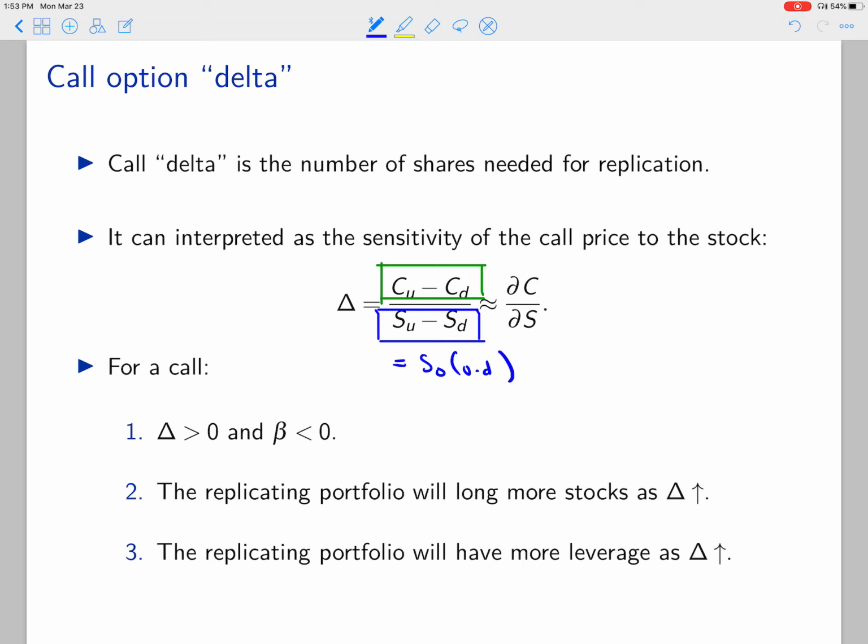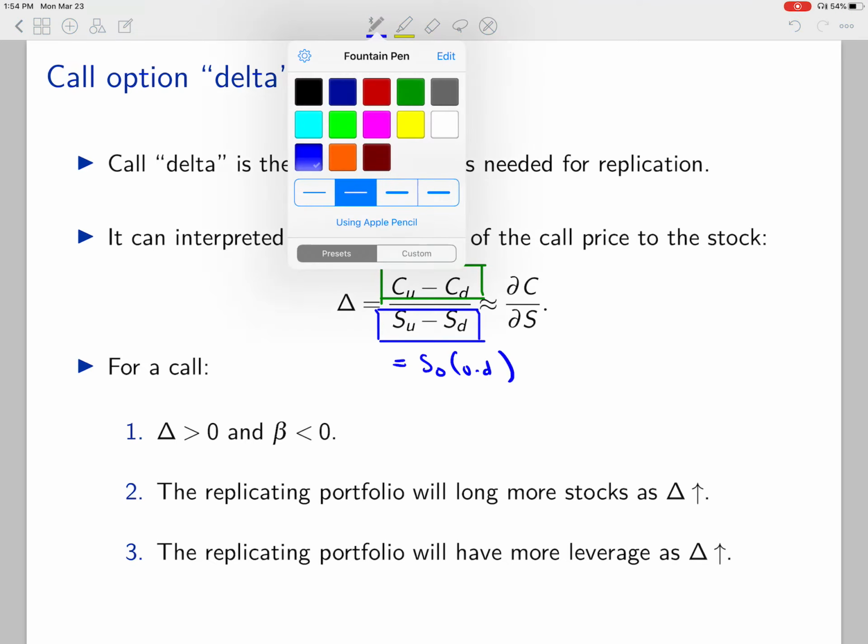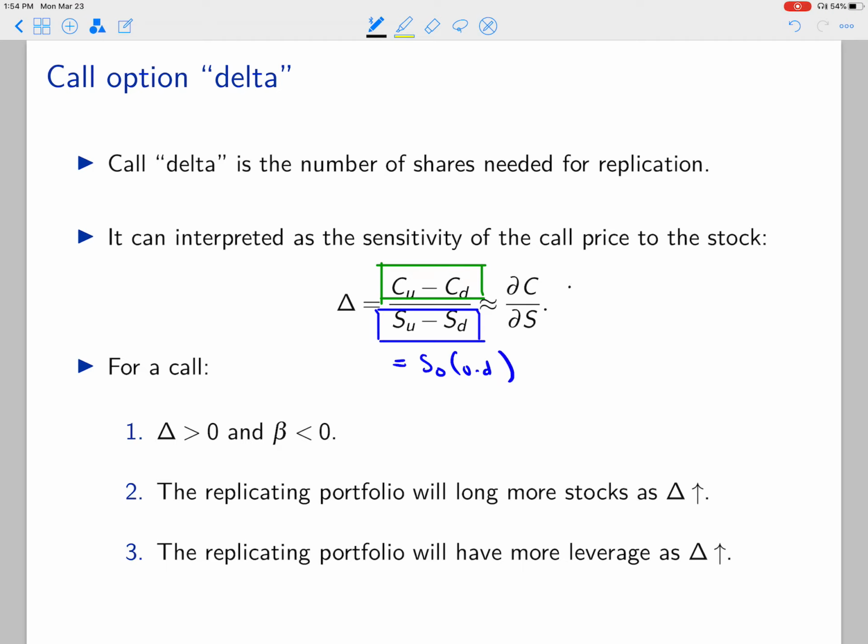The call option delta measures the sensitivity of the call price to the stock. It's the movement in the call price relative to the movement of the stock price, and hence it's nothing more than a partial derivative of the call price with respect to the stock price.